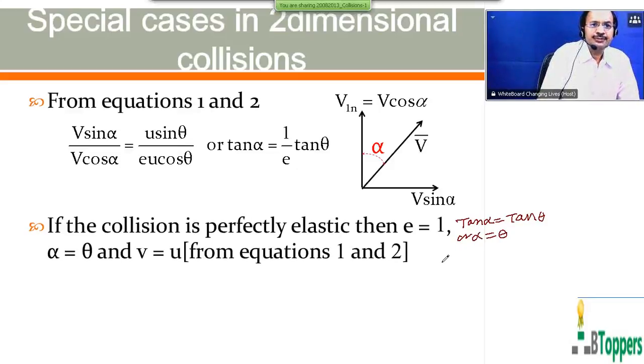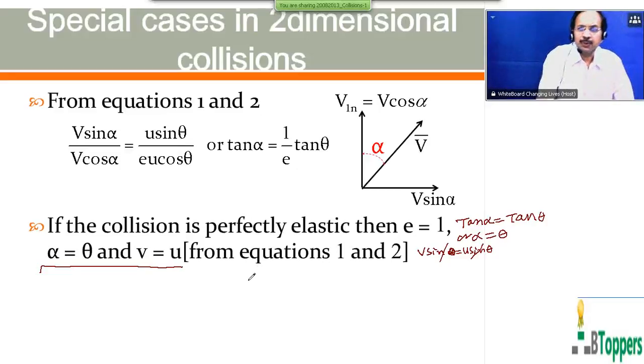In the first equation, if you substitute alpha equal to theta, the first equation is v sin alpha equal to u sin theta. So if alpha equal to theta, then sin alpha will be equal to sin theta. So you get v equal to u, which I have written directly here.